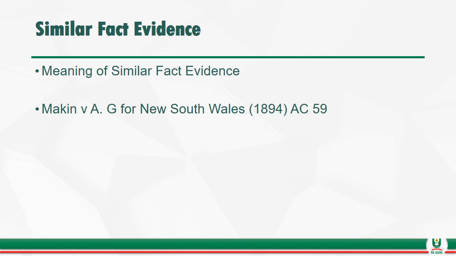That is the position of the law, except in situations where the law provides for exceptions to that general exclusion of similar fact evidence. And this principle of general exclusion of similar fact evidence is actually contained in the case of Makin versus AG for New South Wales, 1894, AC at page 59.